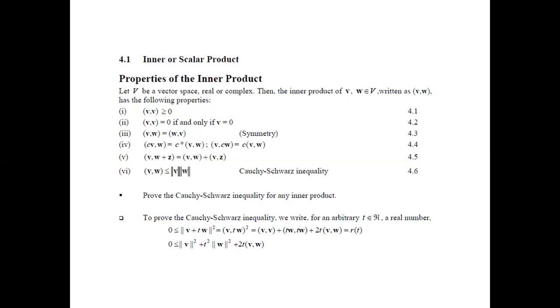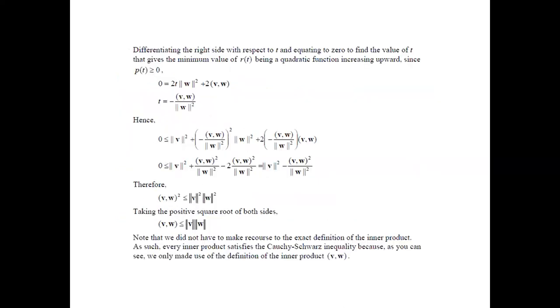So 0 is less than or equal to norm of v squared plus t squared norm of w squared, plus 2t inner product of v and w. We differentiate the right-hand side with respect to t and equate to 0 because we're trying to find the minimum value of P of t.